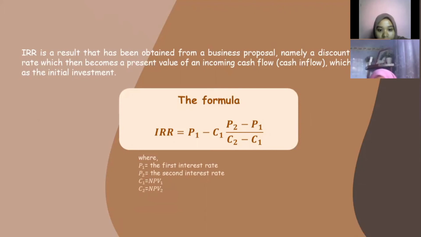For the formula, IRR is equal to P1 minus C1 times P2 minus P1 divided by C2 minus C1, where P1 is the first interest rate, P2 the second interest rate, C1 is NPV1 and C2 is NPV2.